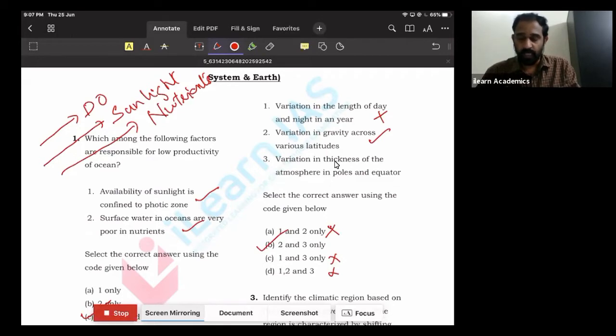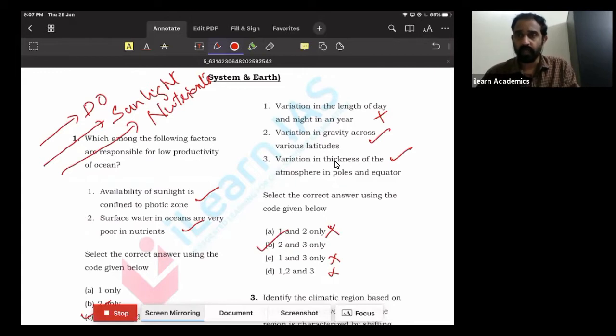If you take the example of the troposphere, the thickness of the troposphere at the equator is around 18 kilometers, because there is a lot of solar insolation coming, and this insolation will excite the air here.